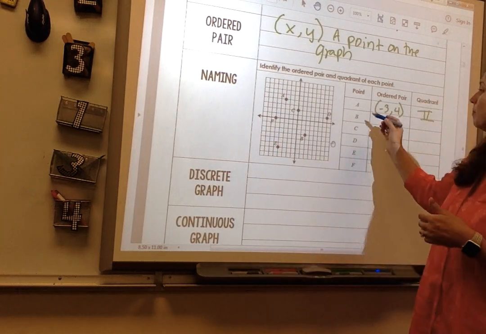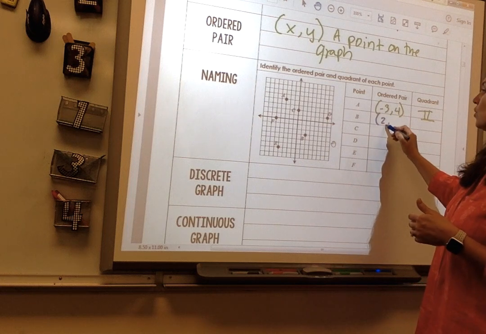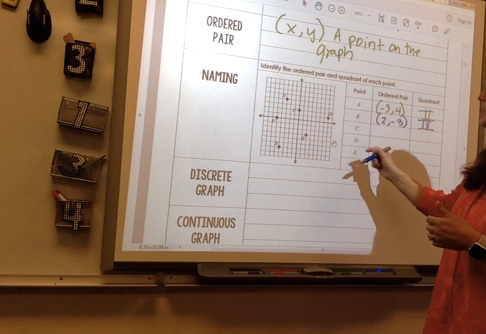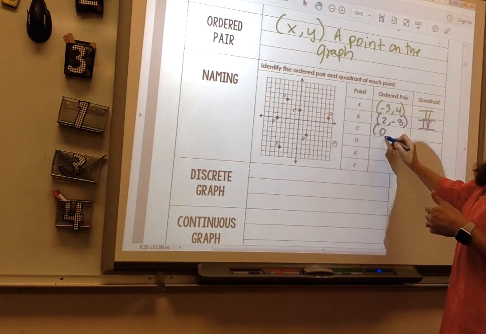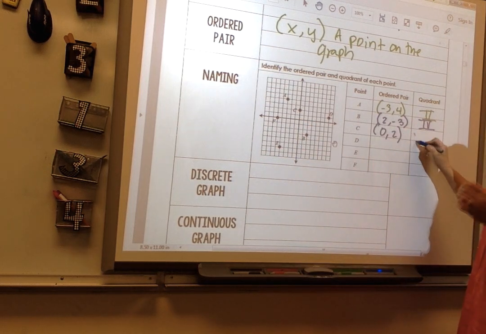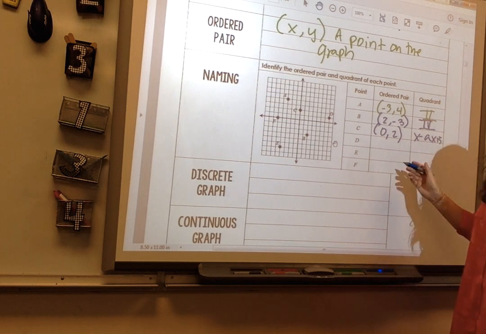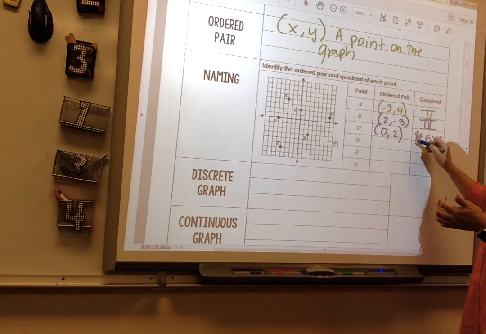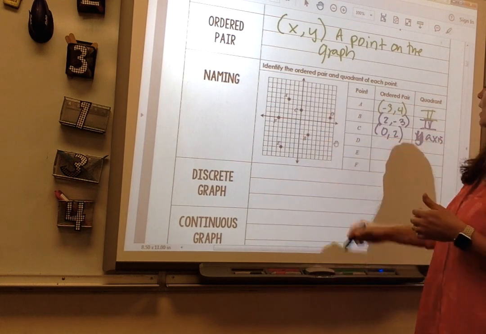That's fine. B is going to be (+2, -3), located in quadrant IV. C is going to be (0, +2). So it's not in a quadrant, it's located on the, not x-axis, the y-axis. It is located on the y-axis.